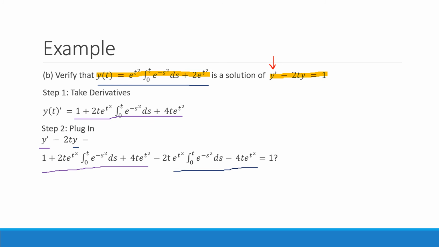Keep in mind, be very careful when distributing out your coefficients because this negative 2t shows up both here as well as here. And finally, we are setting it equal to 1 because we're taking that from our original differential equation. Now we have to verify if this simplifies to 1.